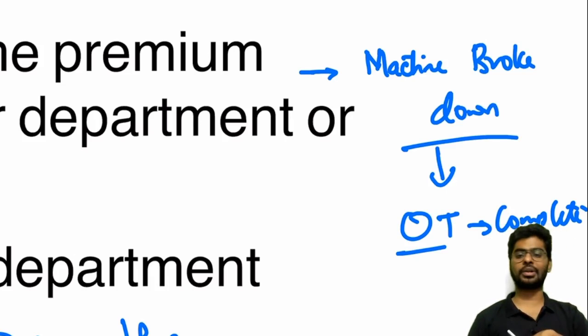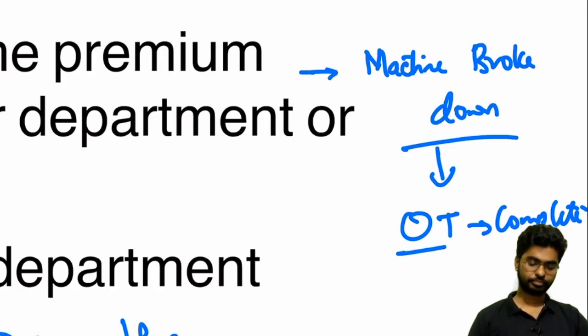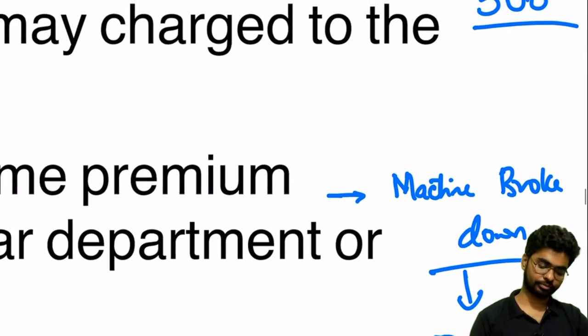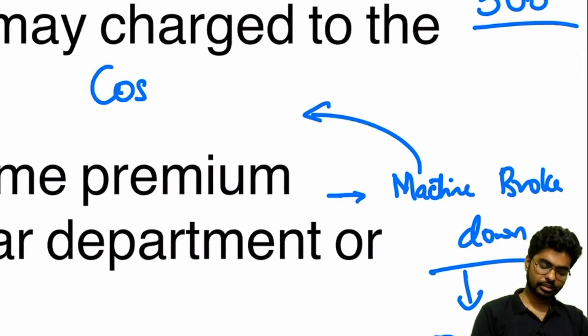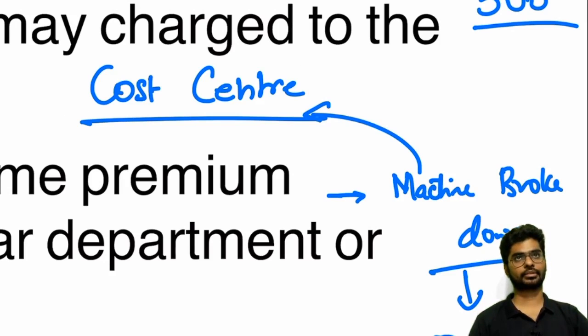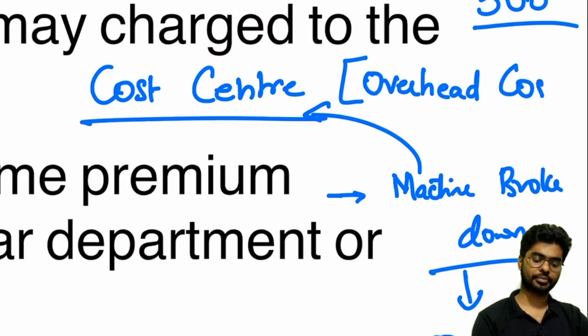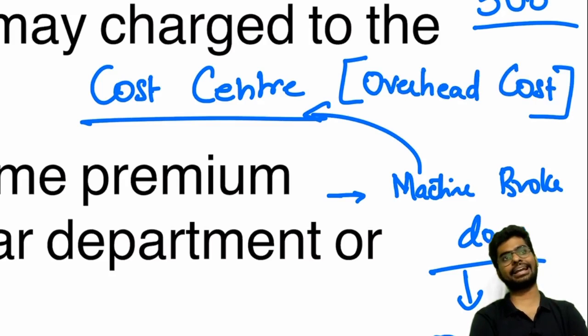Now what will happen in this case? Who's going to bear it? Is it the company or the customer? When I say company from now on, we mean it will be borne by the cost center which is responsible for it. Clear? It will be treated as an overhead cost. And we know what an overhead is: it's an indirect expense. So it will be taken as a part of the overhead cost of that particular cost center. Are you clear?